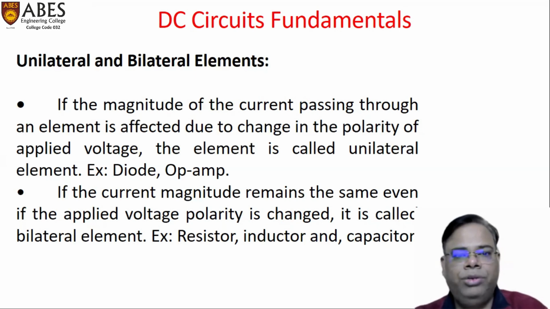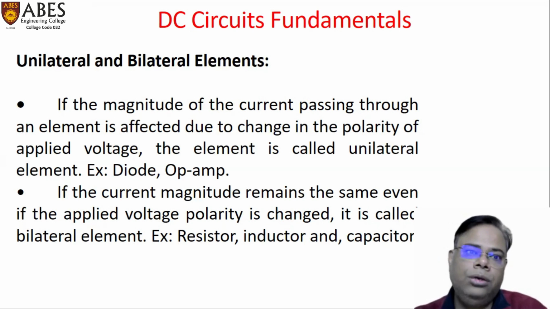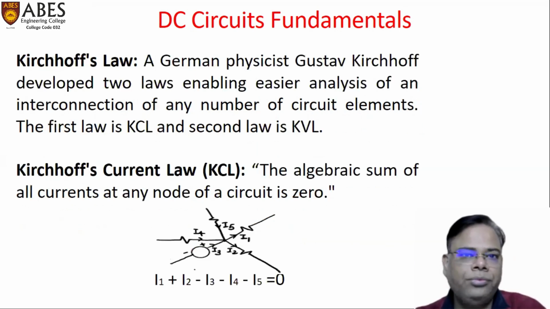Example: diode, operational amplifier. As you know, a diode can be operated in two modes. First one is forward bias and second one is reverse bias. If we use the diode in forward bias, the characteristic will be different from when the diode is working in the reverse bias condition. So these are the main categorizations of elements: active and passive, unilateral and bilateral, and the first one was linear and non-linear elements.